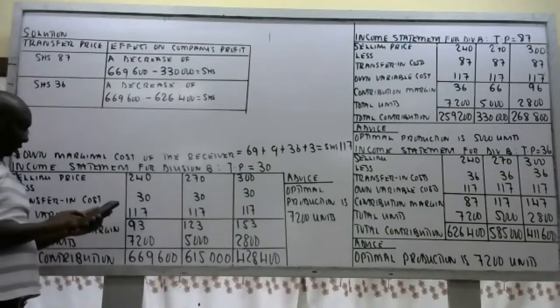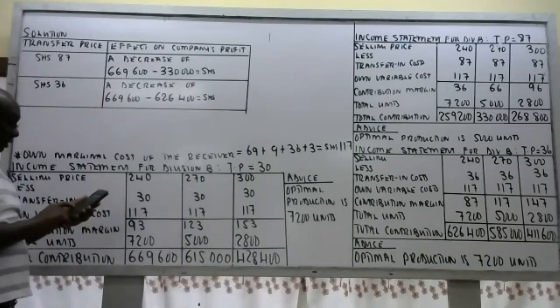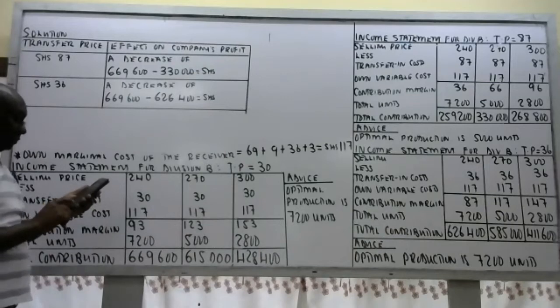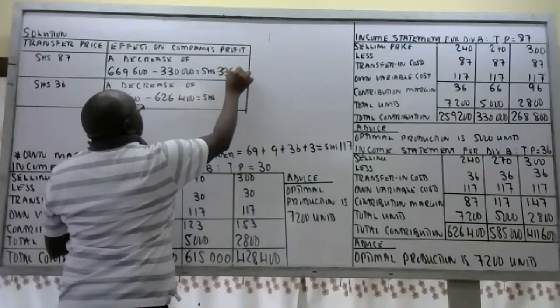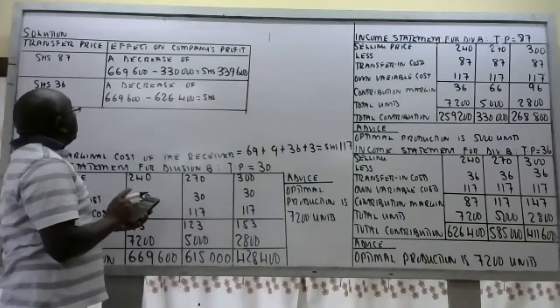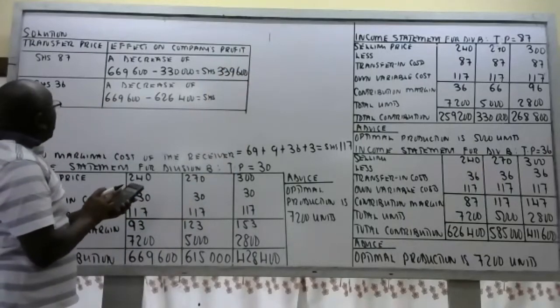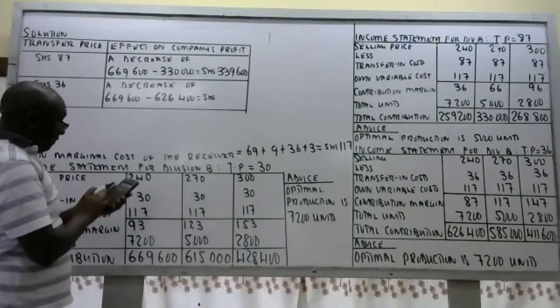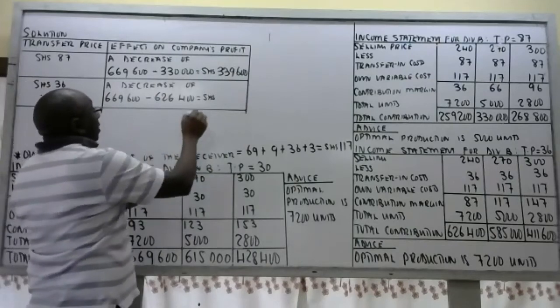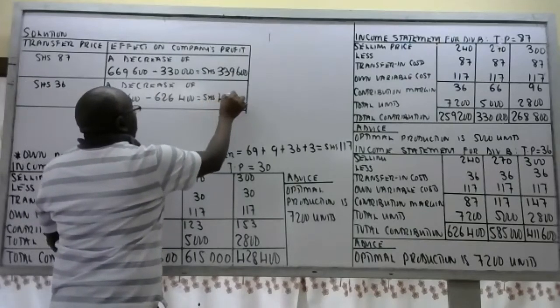So we are saying 669,600 minus 330,000 is 339,600. 669,600 minus 626,400 is 43,200.